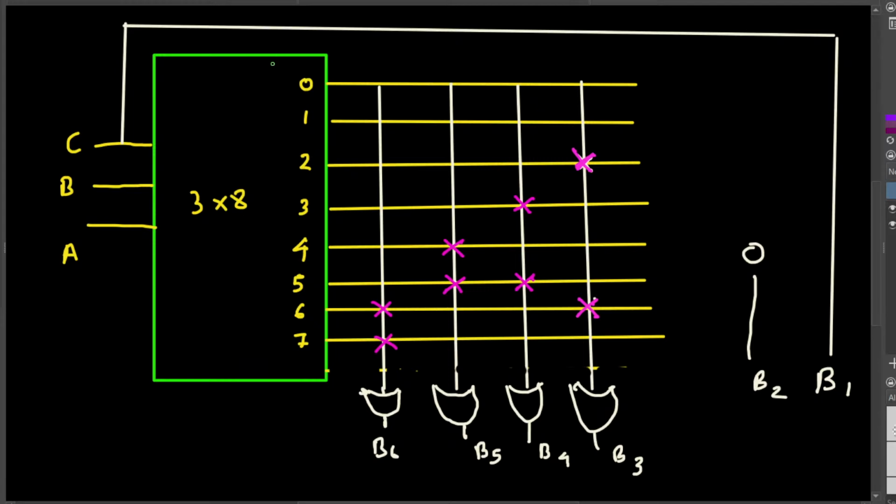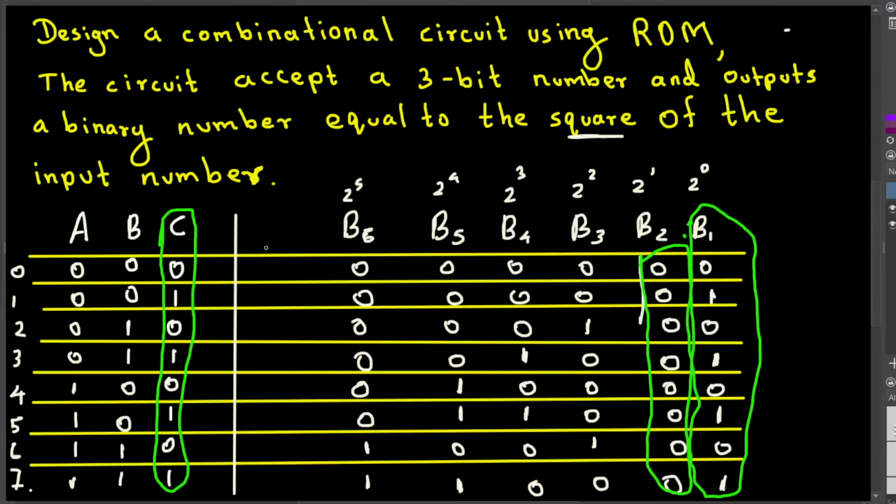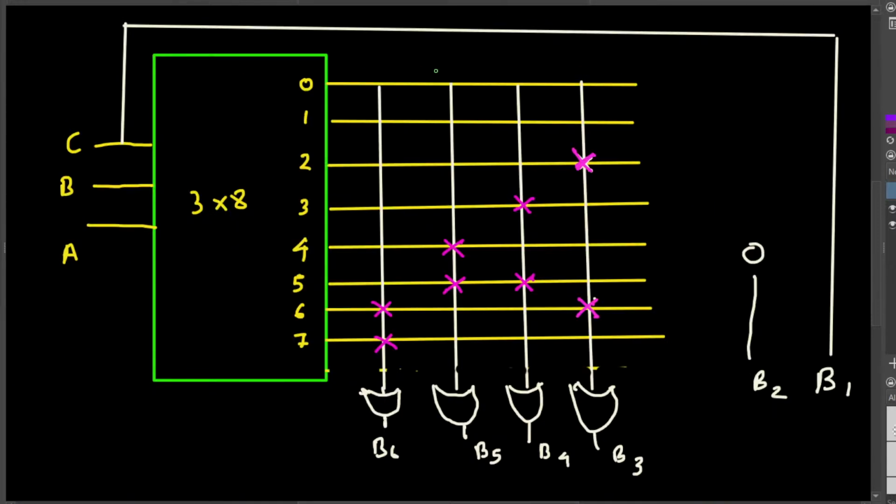So let's check an output. Let's say for example I'm taking 101.